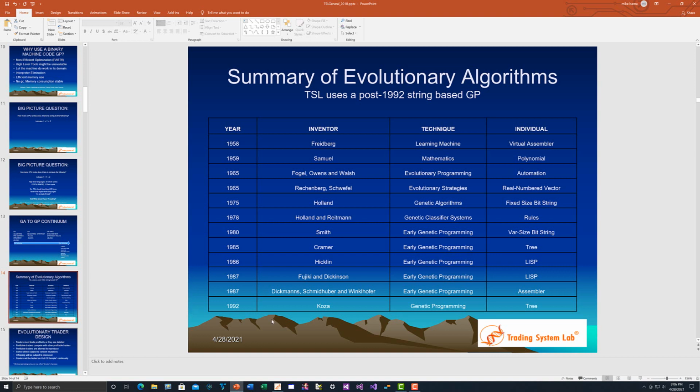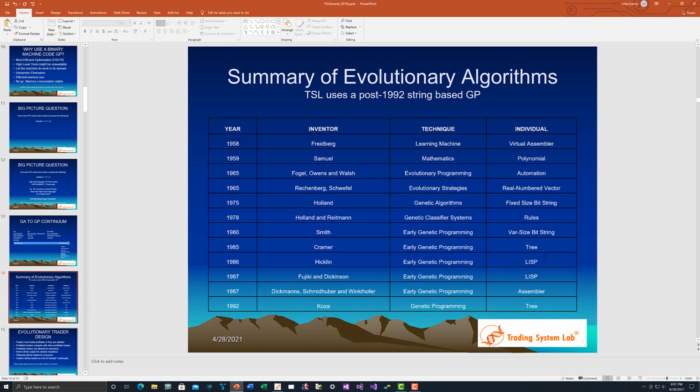So early on, genetic algorithms, back in the mid-1970s, were designed by Holland, and that was known as the genetic algorithm, and it used a fixed size bit string. Later, Koza at Stanford in the early 90s created the first really serious tree-based genetic program.